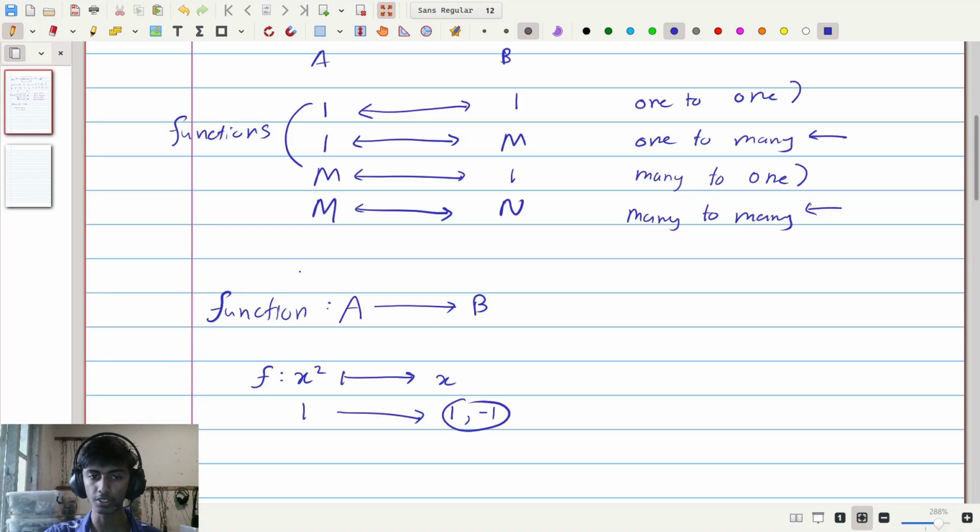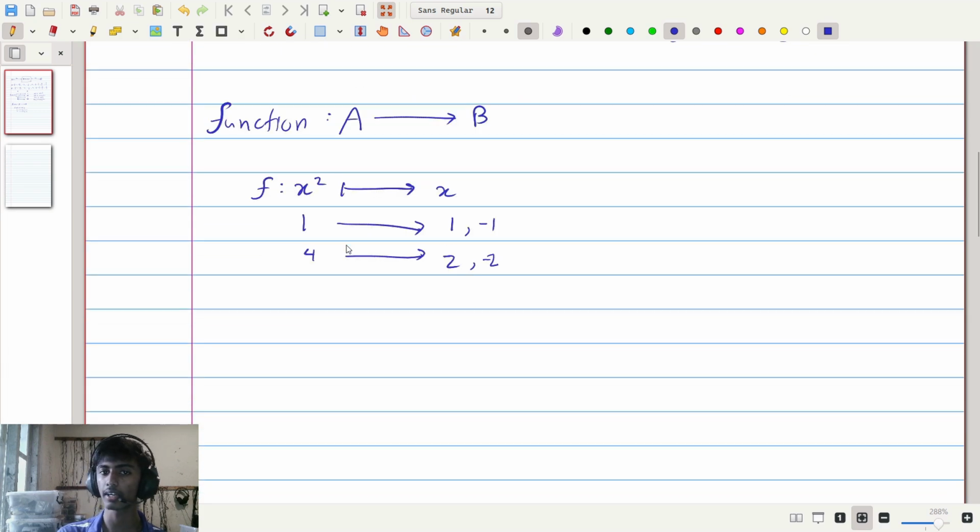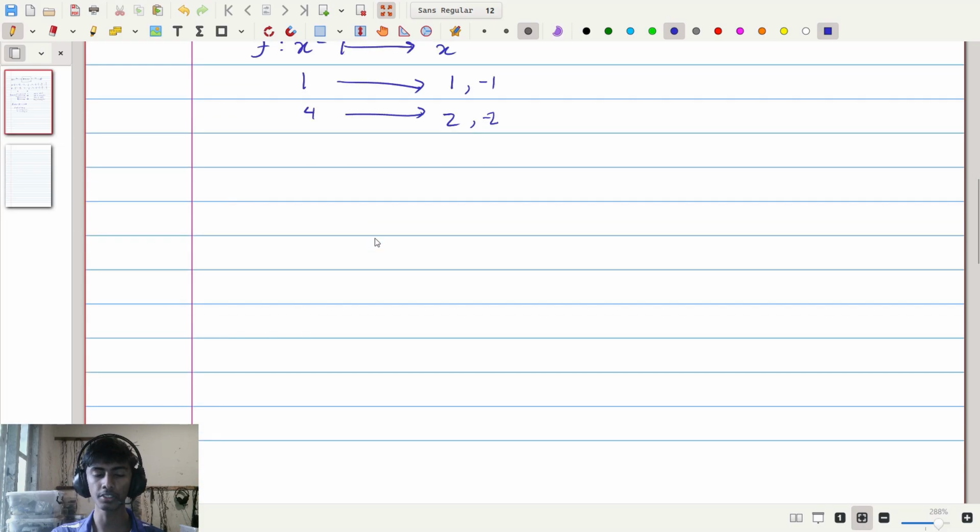We should not have a function mapping one input into multiple outputs. It would also map 4 into 2 and negative 2 at the same time, which is not going to work. So remember, a function is something that maps one input into exactly one output. So we'll end this lesson here by just considering some functions and what they look like on a graph.